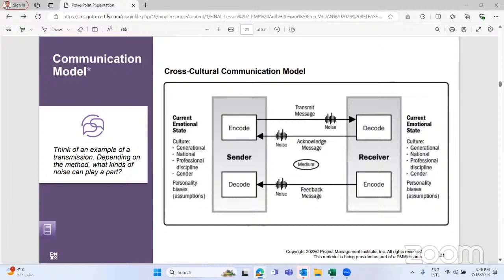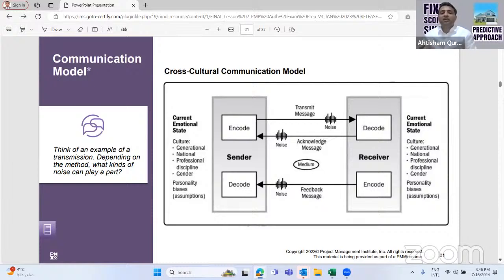Same goes with the professional level, national level, gender bias. So there are many biases which we should assume could be there in the communications happening throughout the project, right?